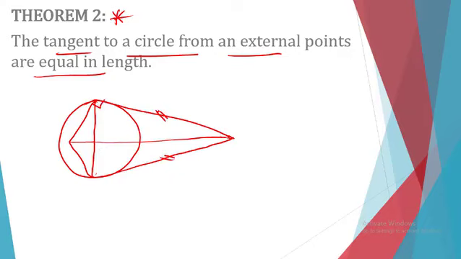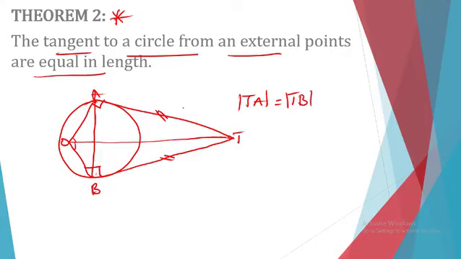Let's take here to be O, call here A, take here to be B, and let's say that here is T. Looking at this diagram, you agree with me that line TA is equal to line TB.